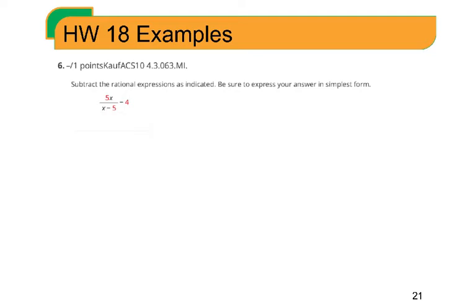So what are we looking at here? We have 5x over x minus 5 minus 4, which doesn't seem to have a denominator. So I just like to give it one. Now, what's my least common denominator? It's just x minus 5.